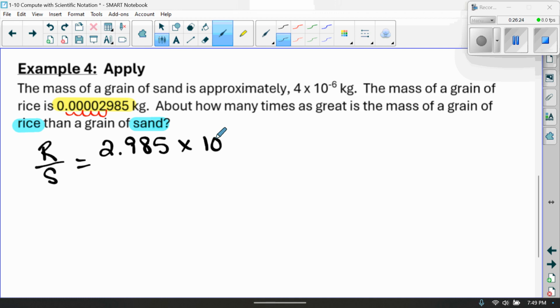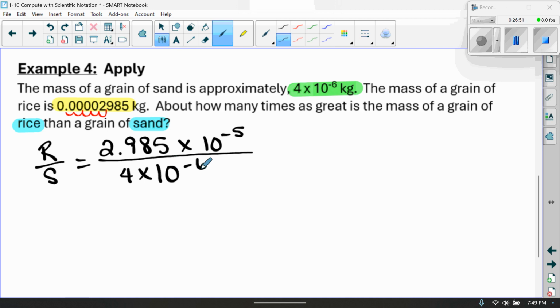That's going to be 1, 2, 3, 4, 5, negative 5. Okay, and we're going to divide this by the grain of sand. So the sand is this one. So this is going to be 4 times 10 to the negative 6.